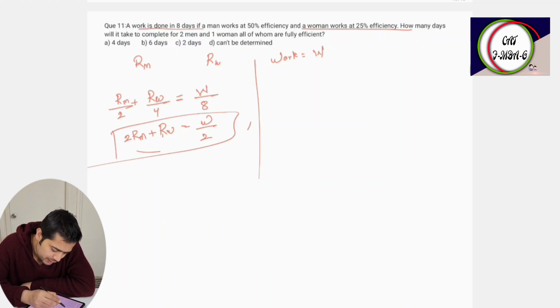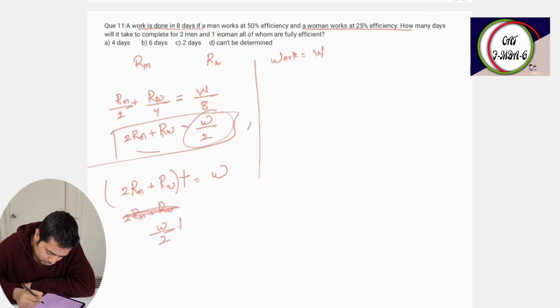How many days will it take to complete for 2 men who are completely efficient and 1 woman who is completely efficient? Into T is equal to W. So 2 RM plus RW, value is W by 2.